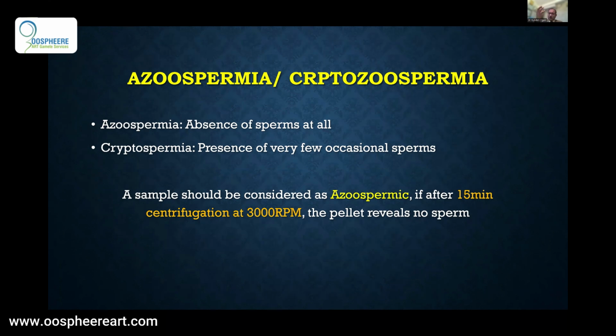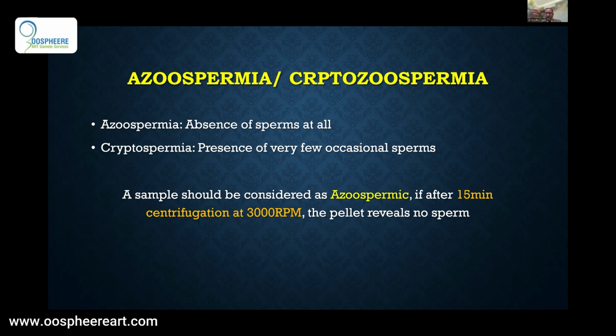So let all the cells settle down at the bottom, and you remove the supernatant, or you don't need to remove the supernatant, you can just take a drop from the bottom of the tube and aspirate those cellular contents in the precipitate, put it onto the slide and try and see whether you see any sperm, because with centrifugation the sperms are going to settle down at the bottom.